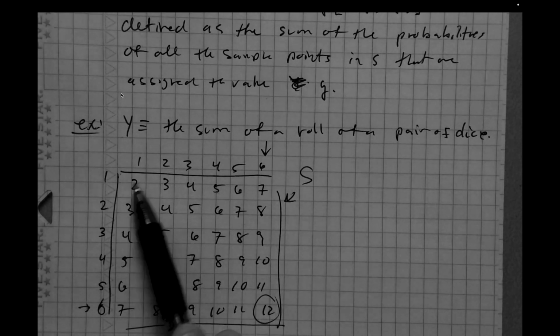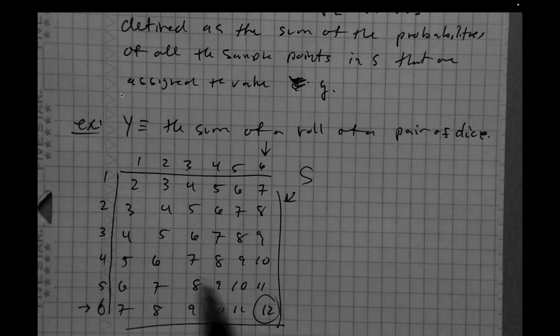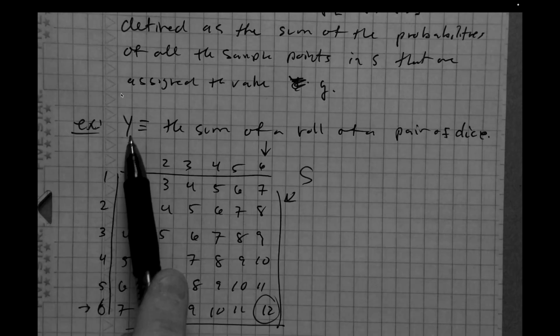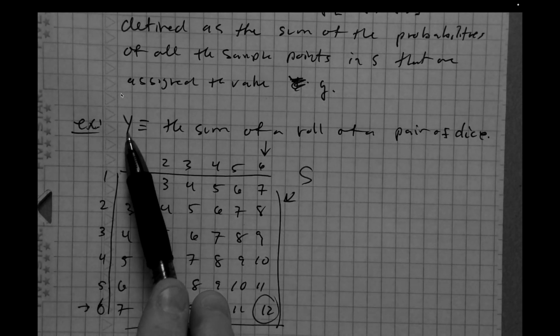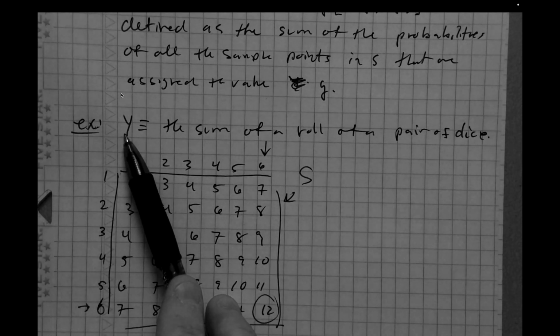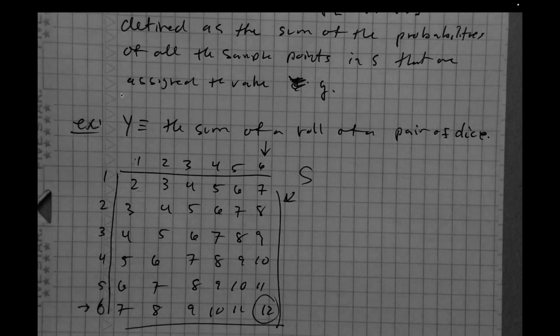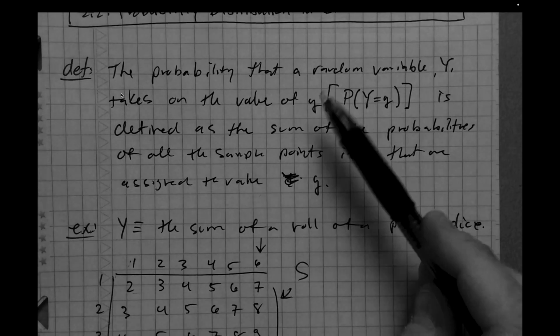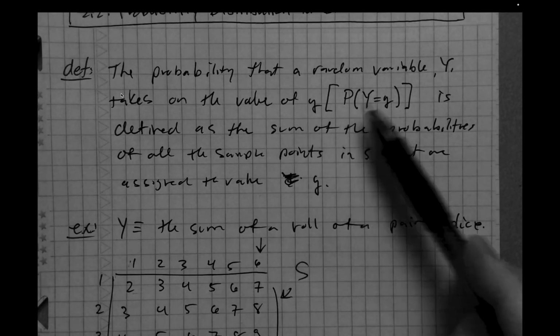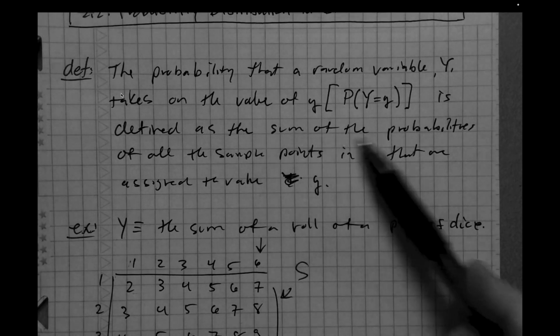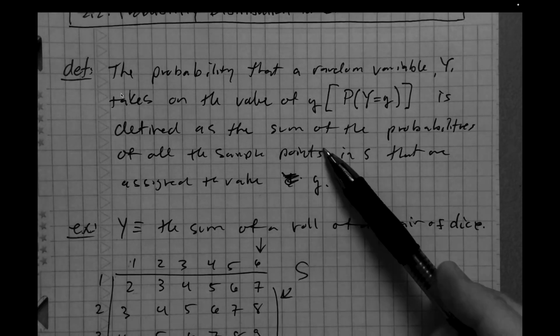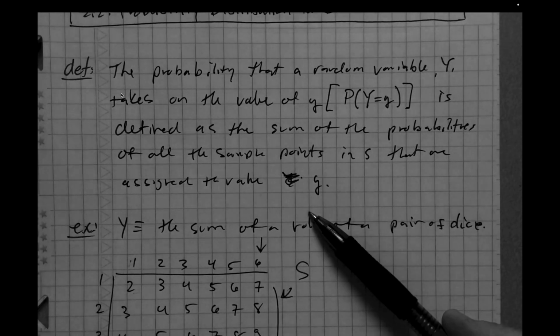To each sample point in the space we've assigned a numeric value, and that is the value the random variable Y can take on. So in this definition, the probability that Y takes on the value y is the sum of the probabilities of all the sample points in S that are assigned the value y.